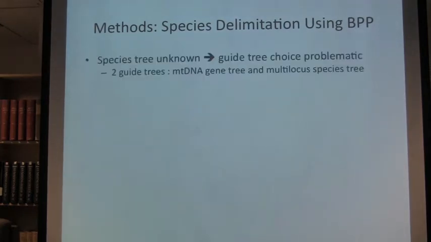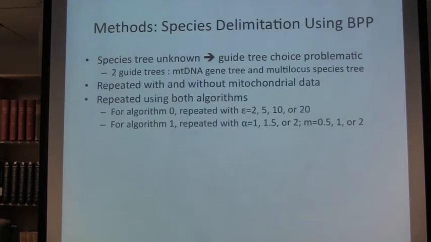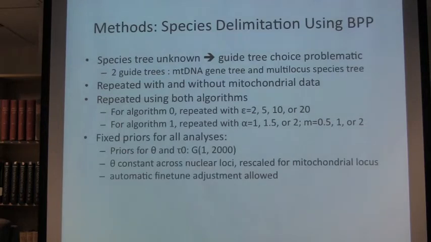Because the species tree is unknown within the Crotalus viridis species complex, I reran BPP using 2 separate starting trees. First, I applied the mitochondrial gene tree as my starting tree, and next I applied the multilocus species tree if it was found to differ in topology from the mitochondrial gene tree. All BPP analyses were repeated with and without mitochondrial data included. BPP was repeated using both algorithms and multiple priors under each algorithm, and the priors shown here were applied as fixed priors to all BPP analyses.